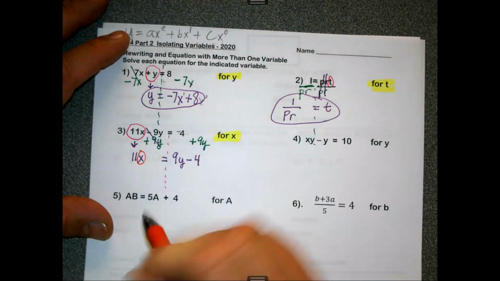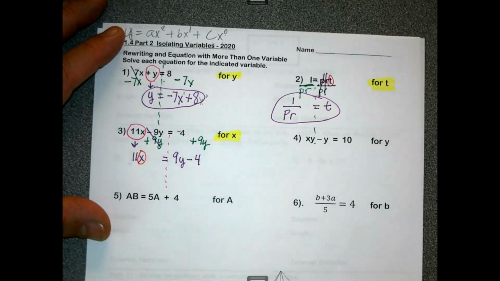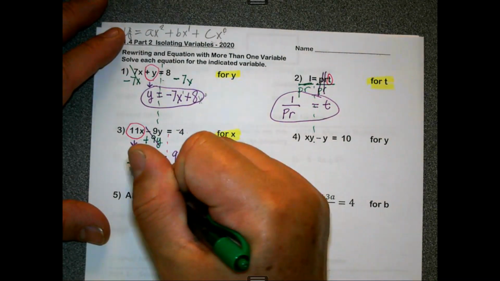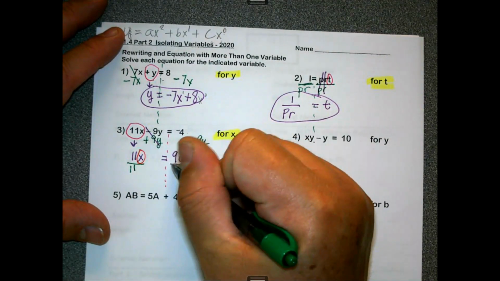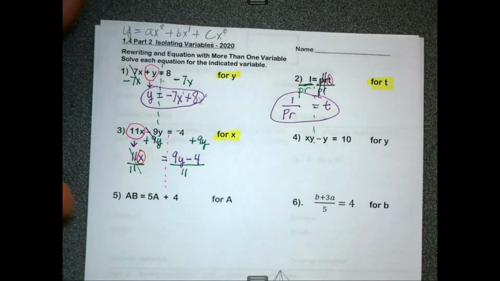I have multiplication between my variable and my coefficient, so I have to undo multiplication. I'm going to divide by the coefficient 11. Now, I don't care how you do it over here because we're just interested in getting variables isolated.